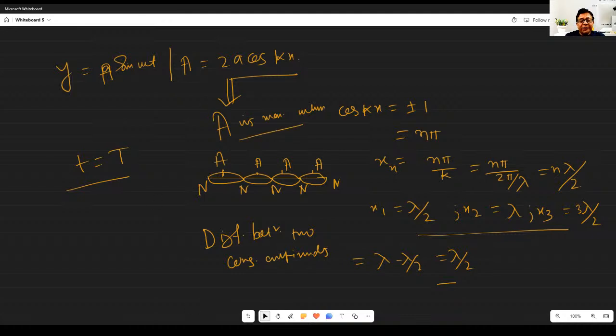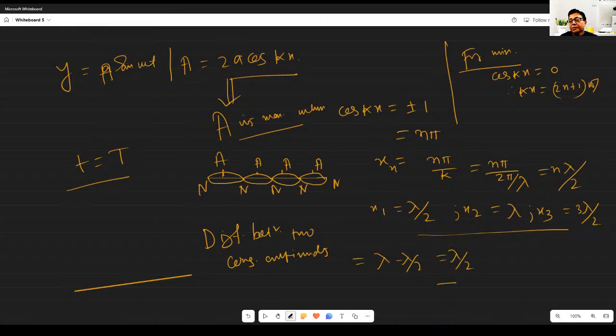For minimum, what will happen? Tell. For minimum, cos kx should be 0. So kx is (2n plus 1) pi by 2. Okay?